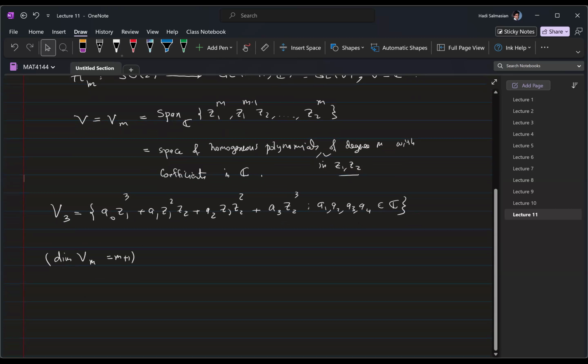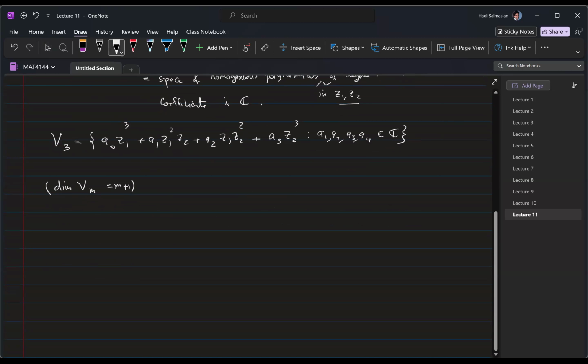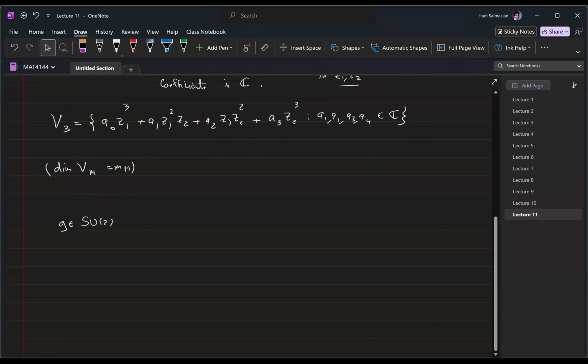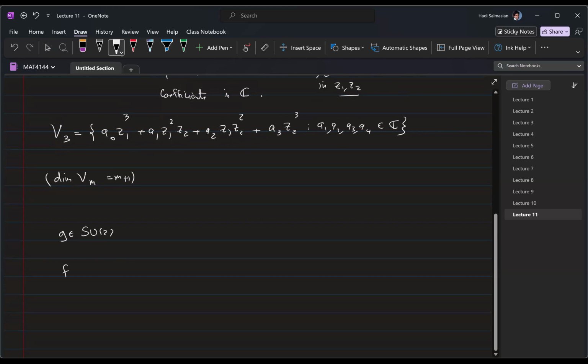So now the action is as follows. If g is in SU2, and the elements of this V_m really are polynomial functions, so maybe I just use the letter f because it's a function in two variables. Now I define the action. I write pi m of g of f.